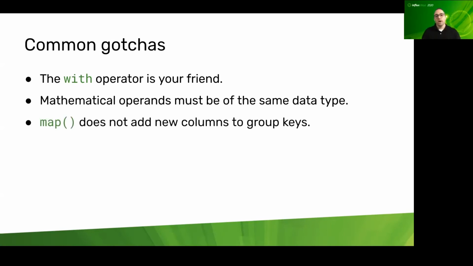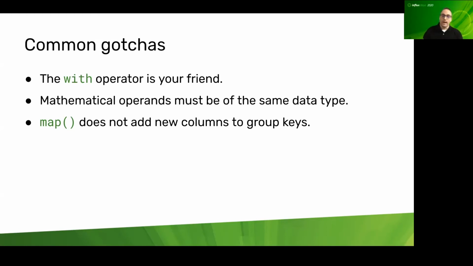Map does not add new columns to the group keys. If you don't know what group keys are, just a quick summation is they define how tables in an input and output stream are grouped. Again, that introduction to Flux walks through how group keys work. But essentially it's a list of columns for which all tables or all rows in a stream have the same value.